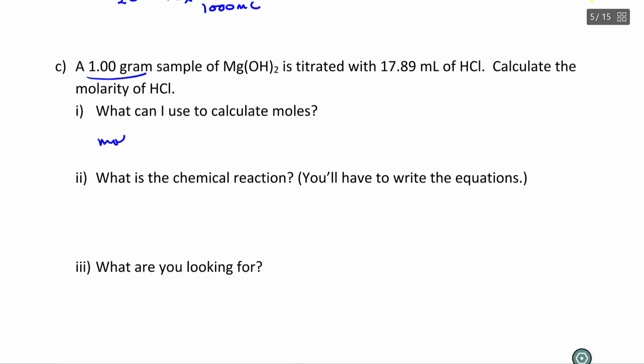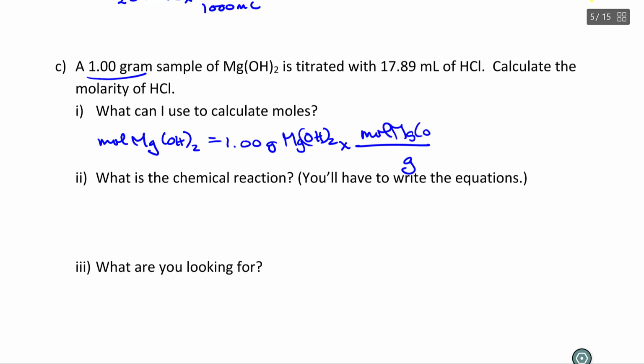So I'm going to calculate moles of MgOH2. That's going to be 1.00 grams of MgOH2, and then I'm going to convert it with the molar mass. So I need grams at the bottom and moles at the top, and I'll look that up.